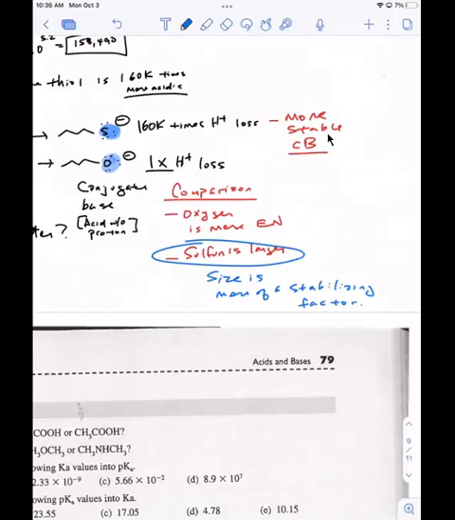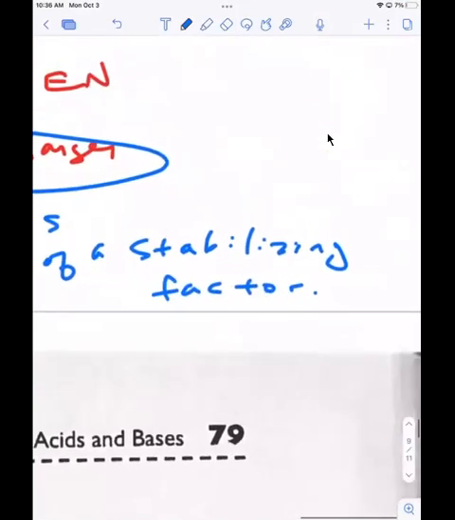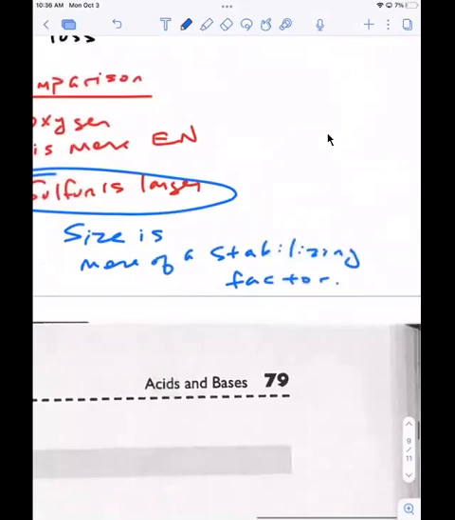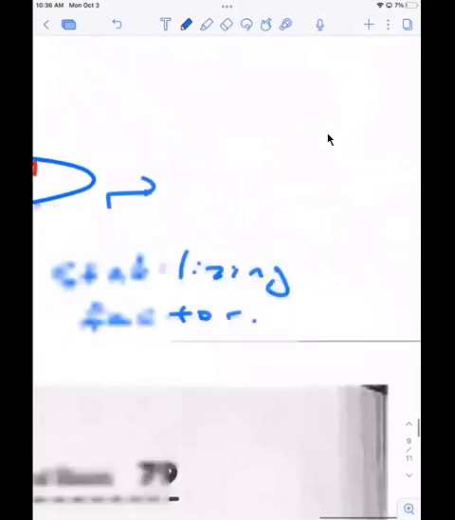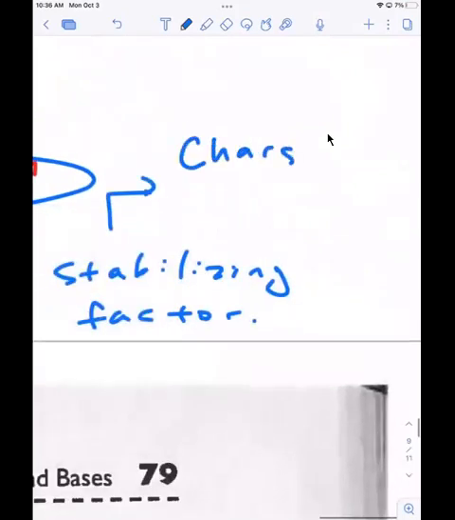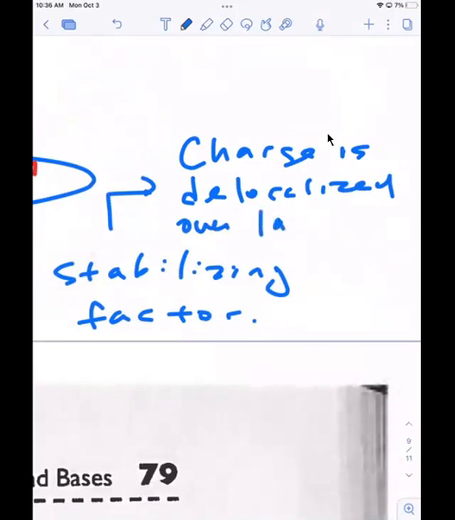Localized charge is unstable. So if we can spread it out some kind of way, that's good. Size spreads the charge out over a greater surface area, so the charge is delocalized over a larger surface area.